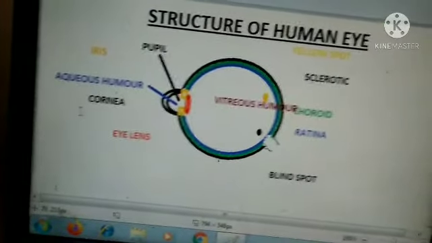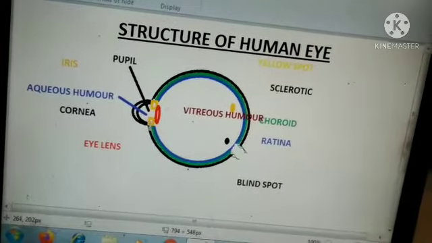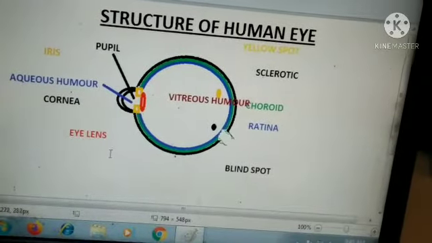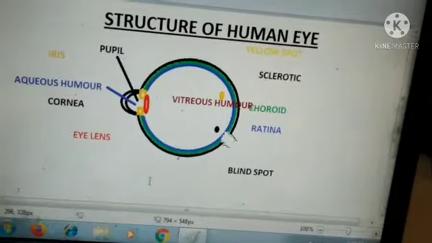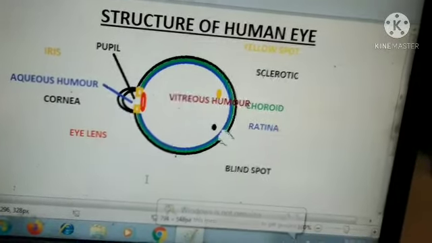It has the most important quality. In the dark, it automatically becomes big, and in bright light, it automatically becomes small.